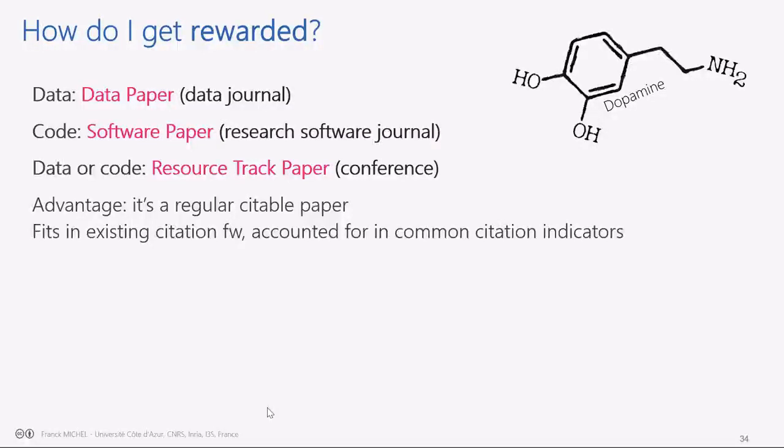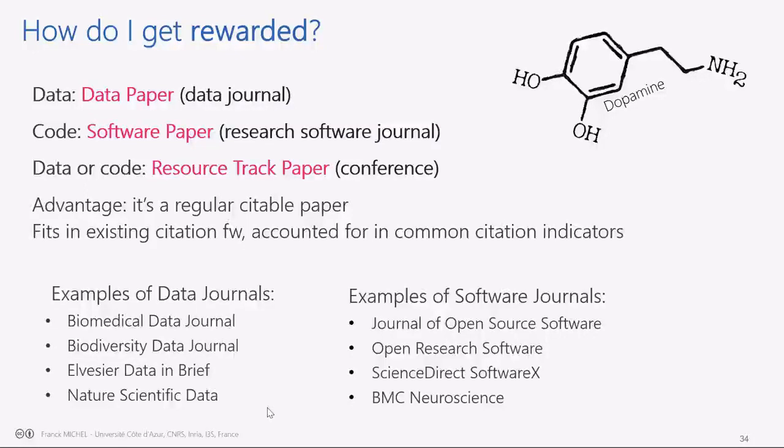So all three things are a way to have your data and code rewarded, because these are actual peer-reviewed papers, so they fit into the existing framework of citation. They fit into the computation of your H-index. Okay. And here are a few examples of data journals on the left and software journals on the right.